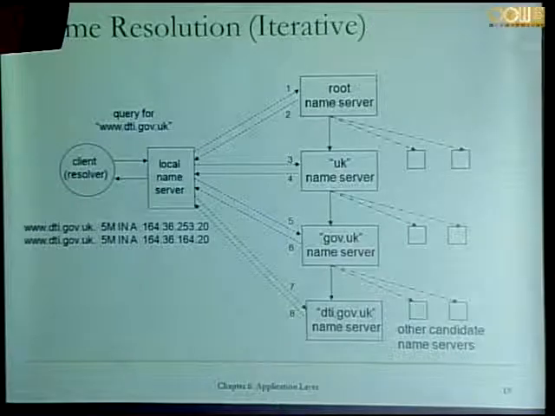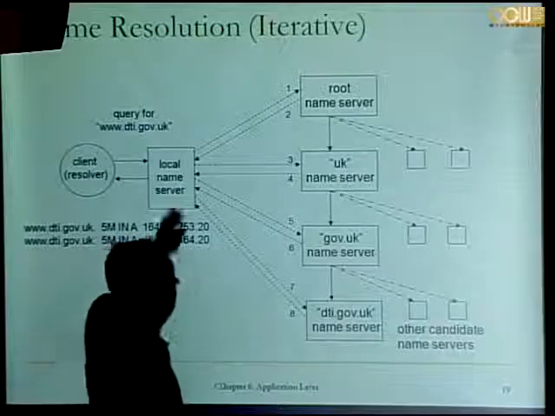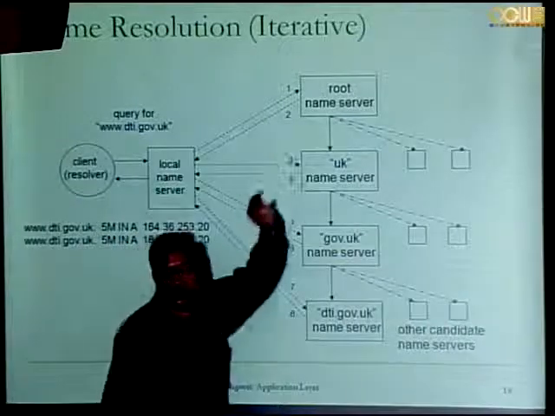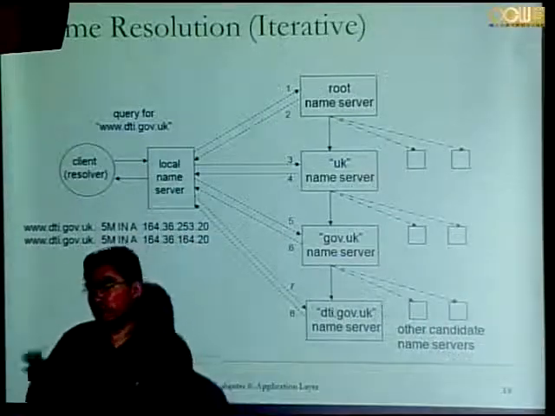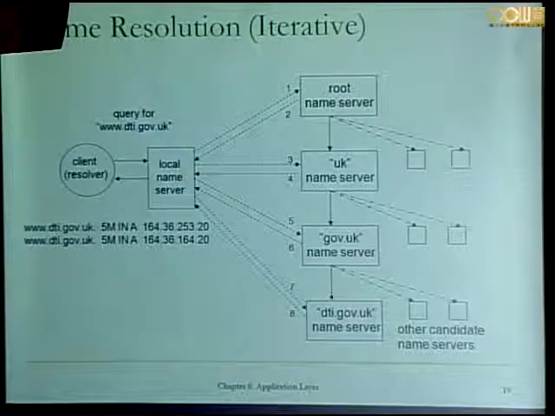And of course, your local name server does not know anything about UK. So what it does is it asks the root name server, which is one of the 13 global root name servers. And the root name server does not know either.